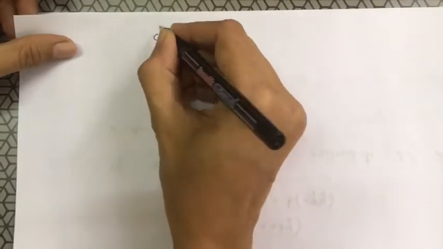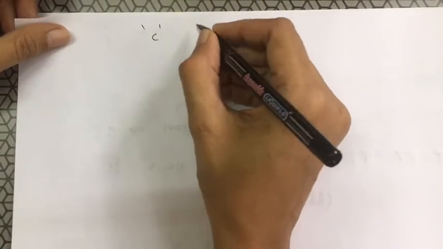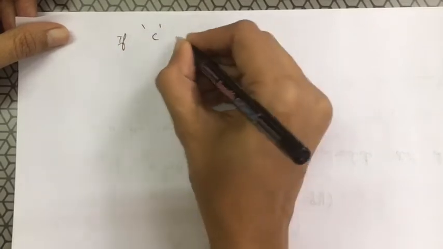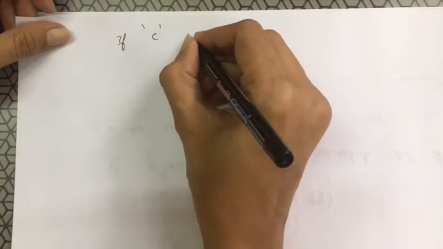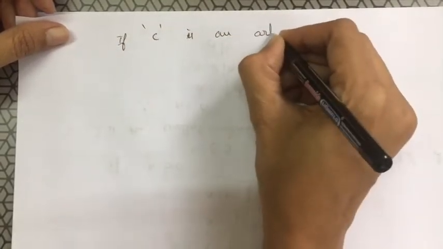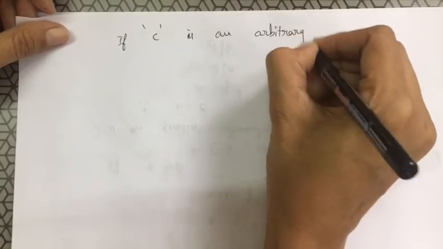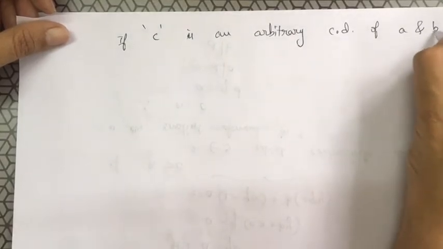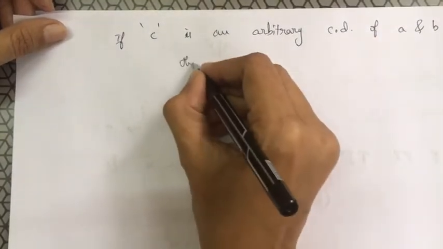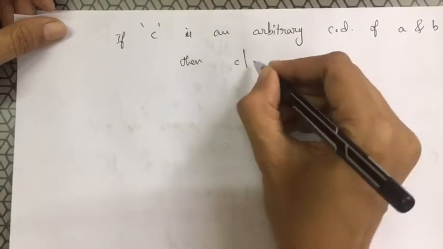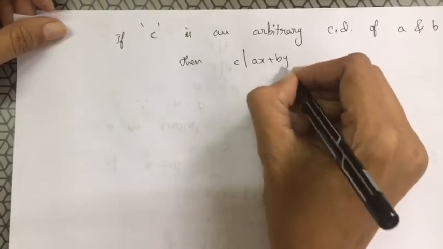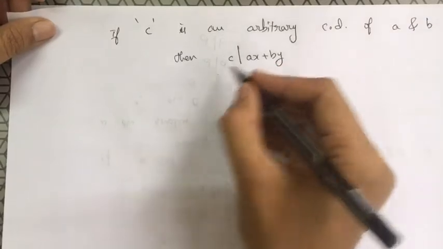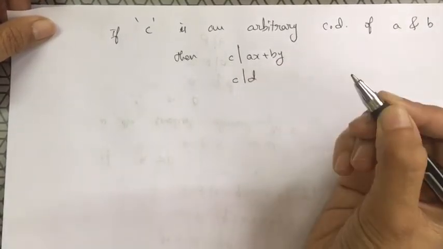Now suppose C is any arbitrary positive common divisor of A and B. Then C divides AX plus BY for some integers X and Y. So I can say C divides D.